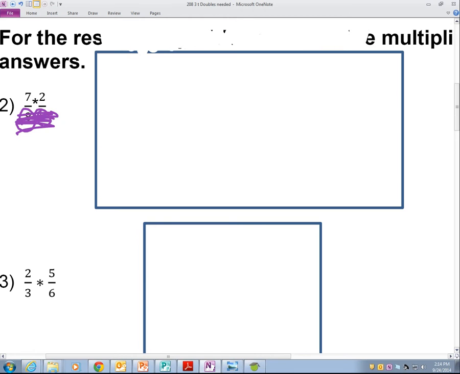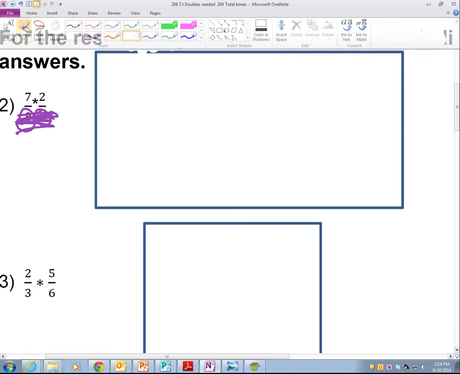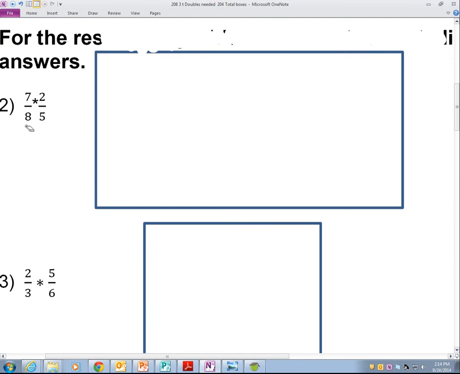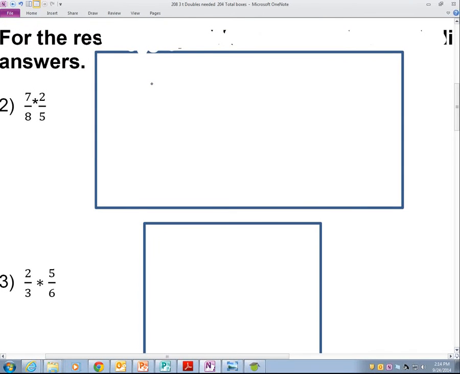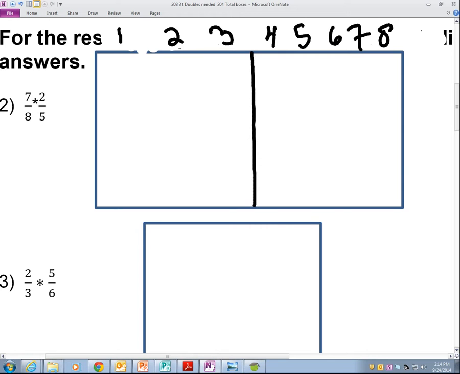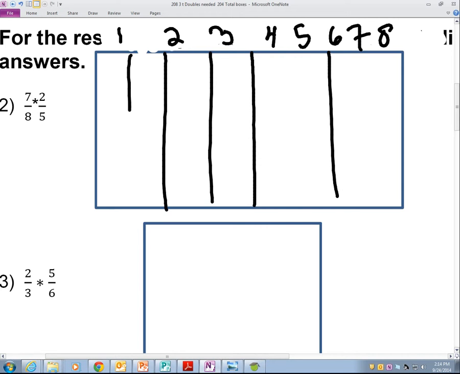In order to do that, what we're going to have to do is we are going to number first, and then just since it's a multiple of 2, we're just going to keep cutting it in half. I'm going to use black. So it's going to be 1, 2, 3, 4, 5, 6, 7, 8. We're going to go half, half, half, cut that in half, cut that in half, cut that in half.